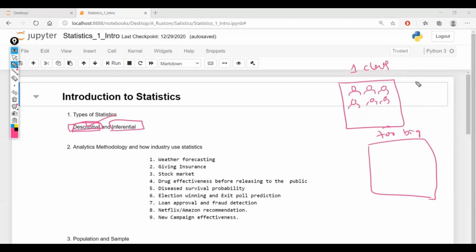If somebody asks me the average marks of the students that I have trained in my entire career, I have taken hundreds of batches, conducted trainings for all those batches, and in each batch maybe 30 students, right?